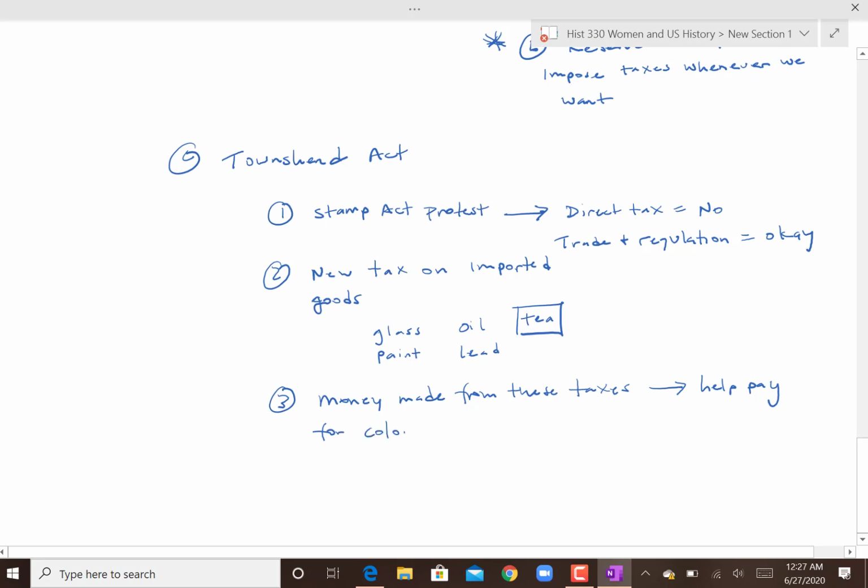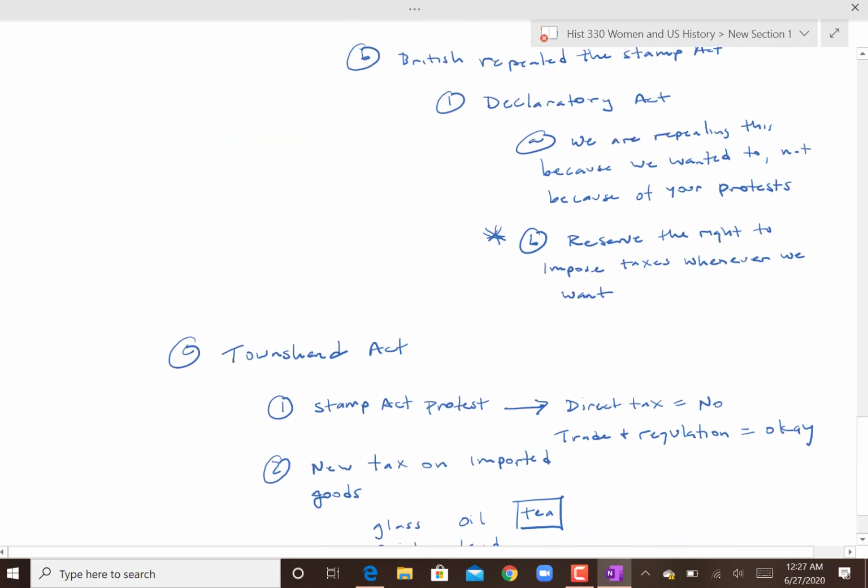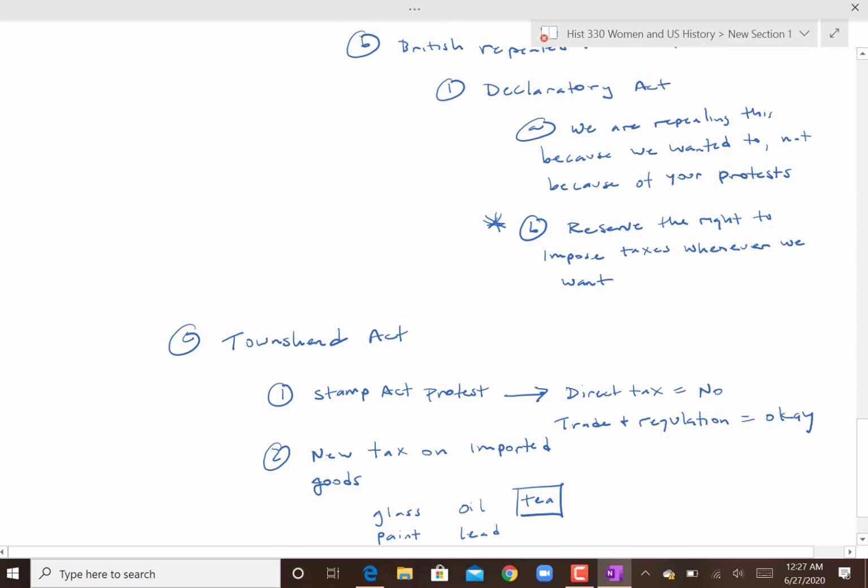So they're like, look, we're not going to keep the money. It's going to positions within the colonies. So that's good, right? Jobs, and we're not keeping the money. The money was not going back to England. They thought that this would be okay, and it was not.